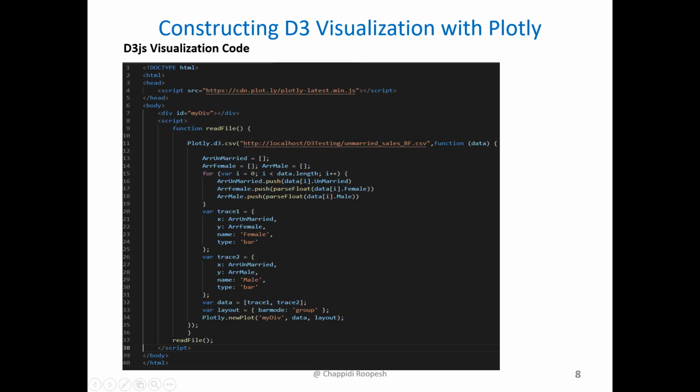And we have 2 traces here. One trace talks about the female gender, the other trace talks about the male gender. By grouping the data sets, we have a layout which gives a clear picture of the data we derived from Black Friday sales.